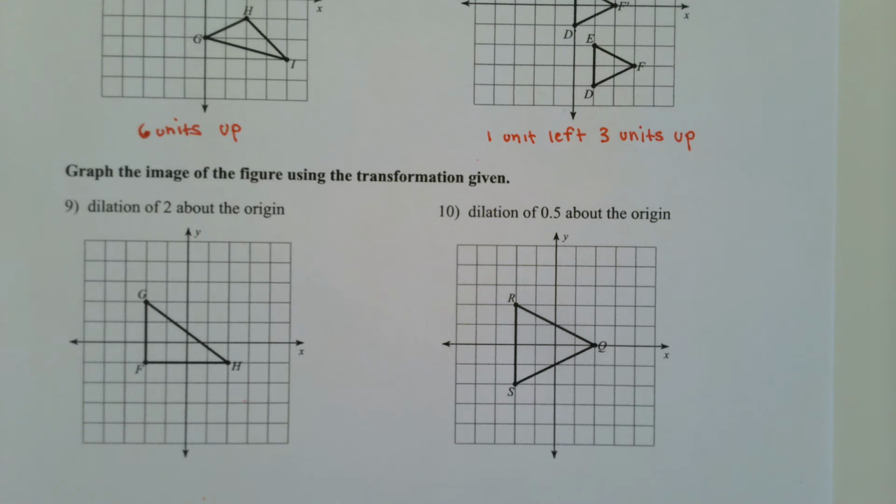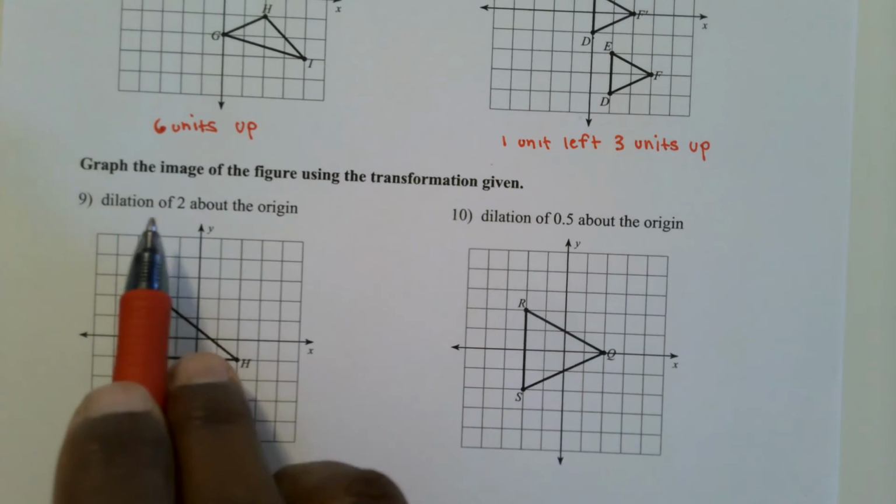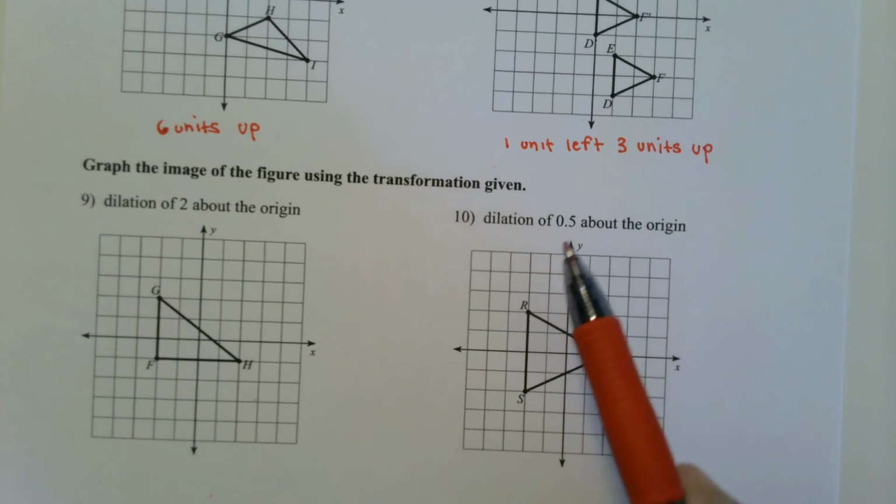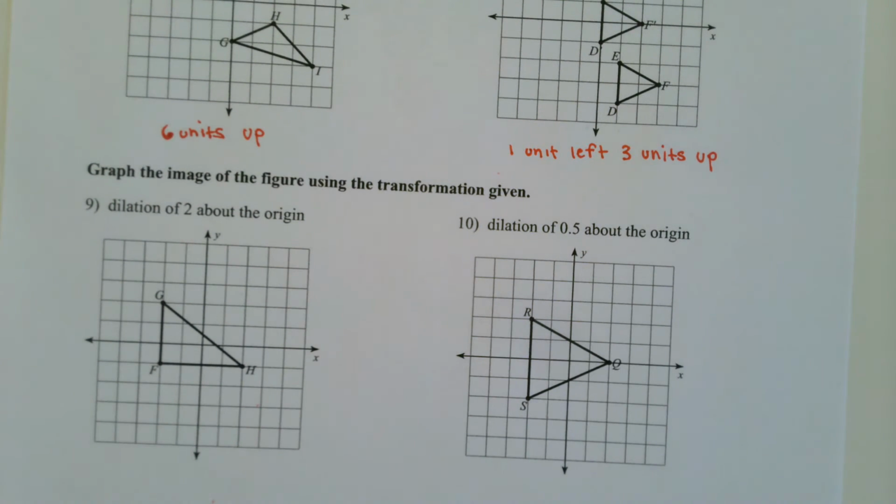Okay. If the dilation is in between 0 and 1, then our dilation is going to shrink our figure. So as you can see in question number 9, we have a dilation of 2 by the origin. And then in question number 10, we have a dilation of 0.5 by the origin. So in this case, we can see that 9 is going to grow GHF, and then 10 is going to shrink RQS. All right, so let's go ahead and start up by performing these dilations.